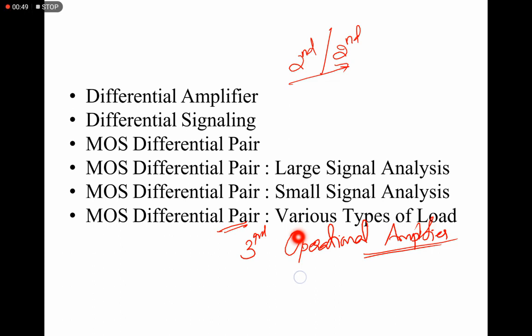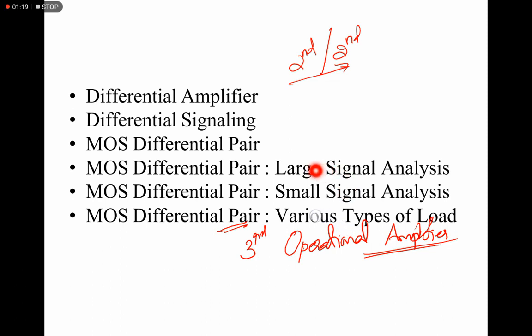In this session, we will discuss the differential amplifier: the concept of differential signaling, then the MOS differential amplifier, or how we will implement a differential amplifier, the basic MOS differential amplifier and the actual MOS differential amplifier. Then we will go to the large signal analysis as well as the small signal analysis of the MOS differential amplifier.